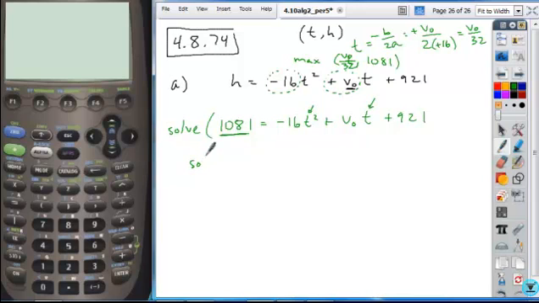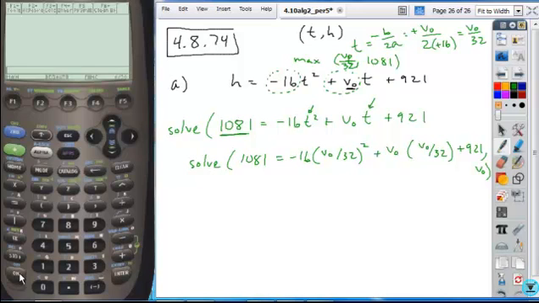So if we take that equation, 1081 is equal to negative 16 times v0 over 32 squared plus v0 times v0 over 32 plus 921. And we're going to solve that for v0. I'm just going to replace v0 with x when I type this into my calculator so I don't have to type as much.